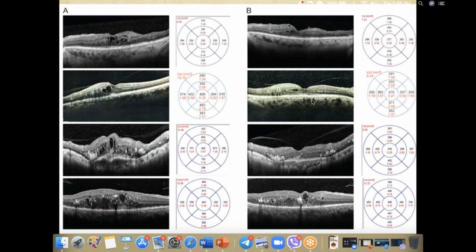You think that by looking at this, wow, it has improved a lot. But when you take a look at the volume, it has not decreased much, because although the center has decreased, these areas are still inflamed.